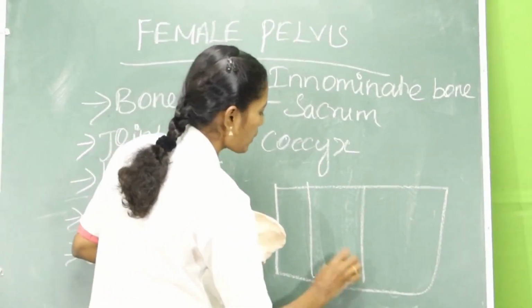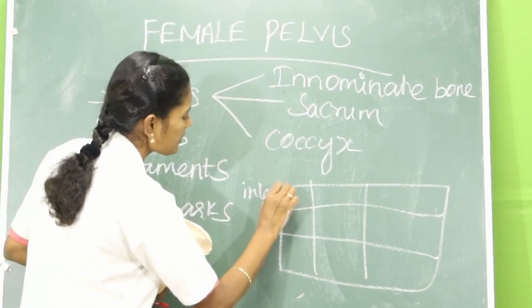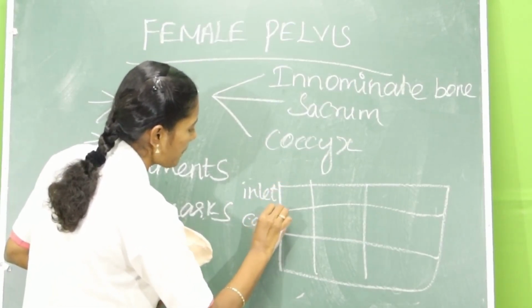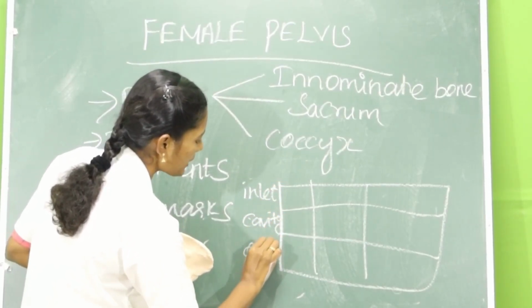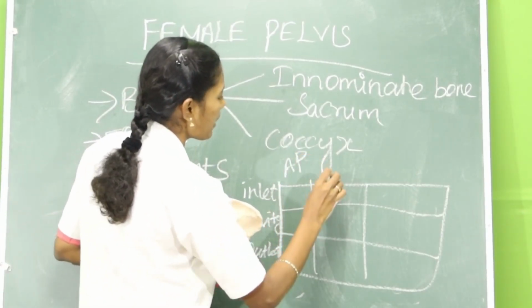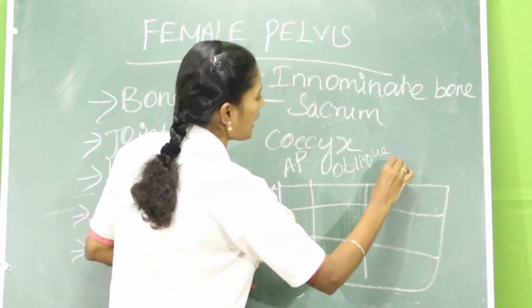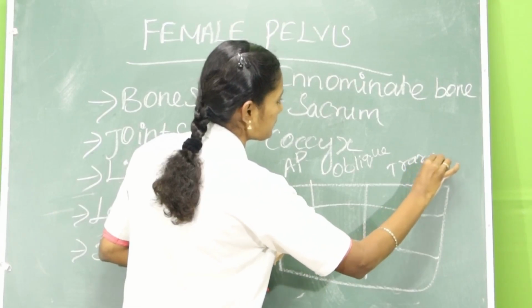There is a small keyword table: we divide it into three columns and three rows. The columns are inlet, cavity and outlet, and the rows are antero-posterior diameter, oblique diameter and transverse diameter.